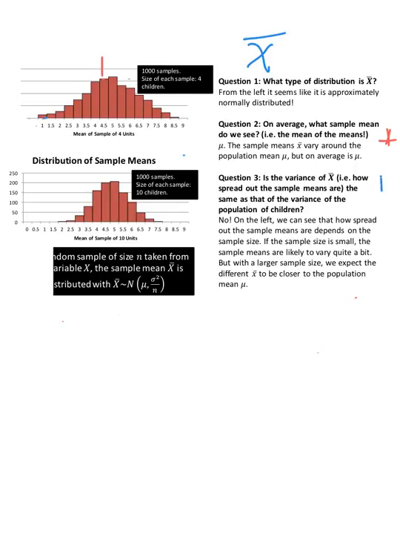The next question we ask ourselves is, is the variance of our distribution of the sample means the same as the variance of the population of the children? If we look here at this distribution, we've taken a sample size of 10 children, and here we had 1,000 samples, but the sample size was 4, then we can see that the spread around the mean is different in both distributions.